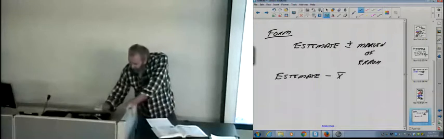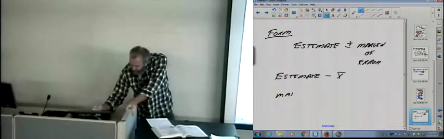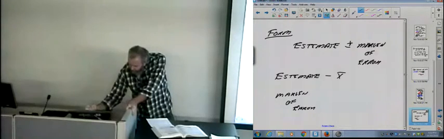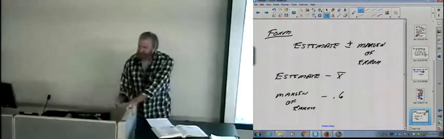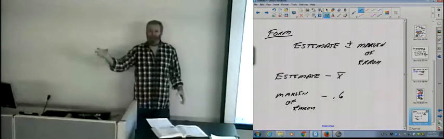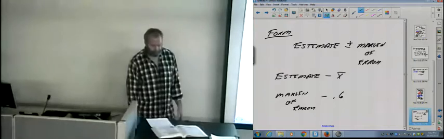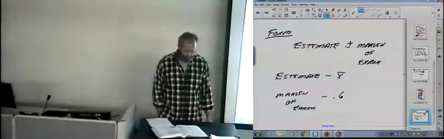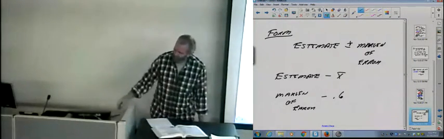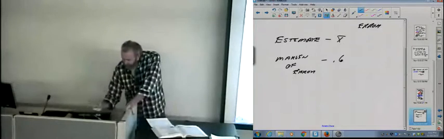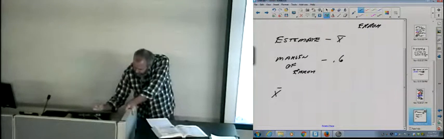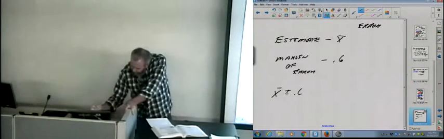The margin of error that we were just looking at in that problem, that's the 0.6. Remember, we added 0.6 and we subtracted 0.6. Look, it looks like this. We had a value for x bar, right?